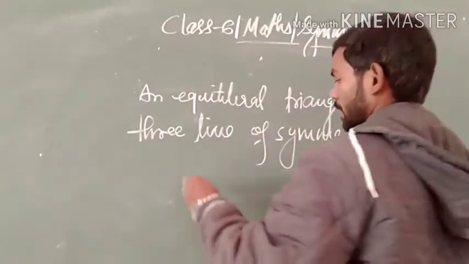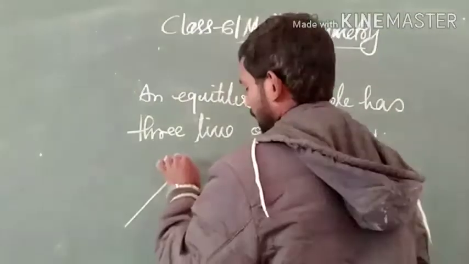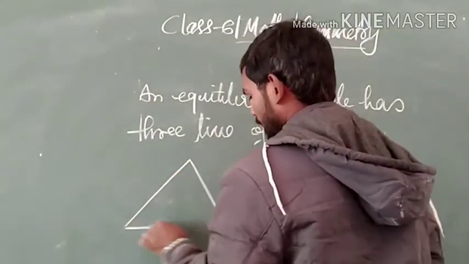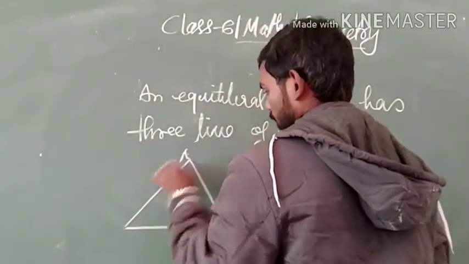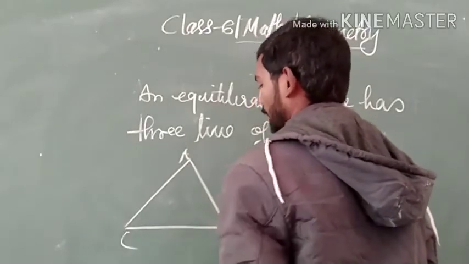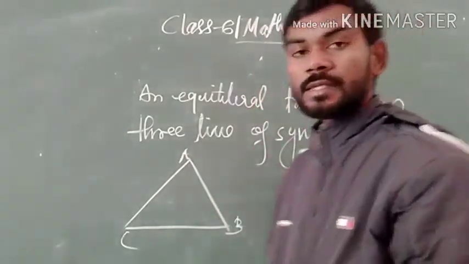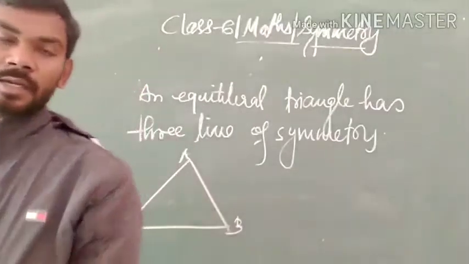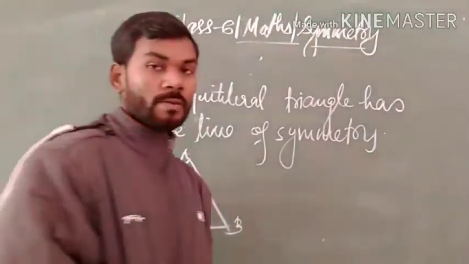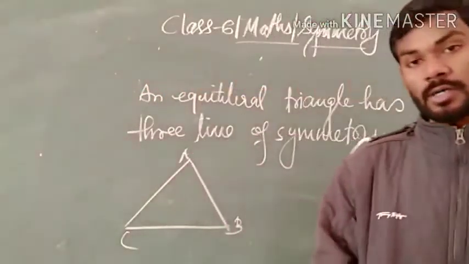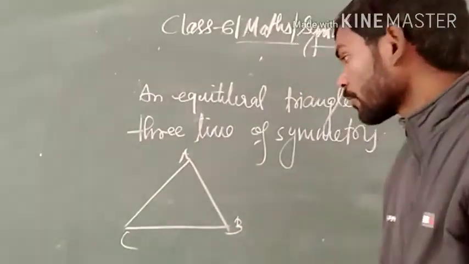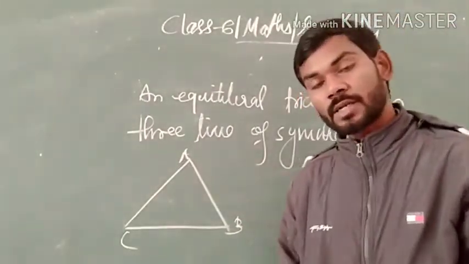Here we can easily see that ABC is an equilateral triangle, and since all its sides are equal, when we divide it through any corner, that is any vertex, it will be divided into two identical parts.